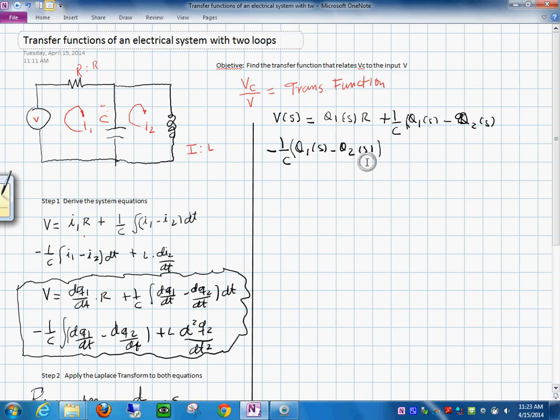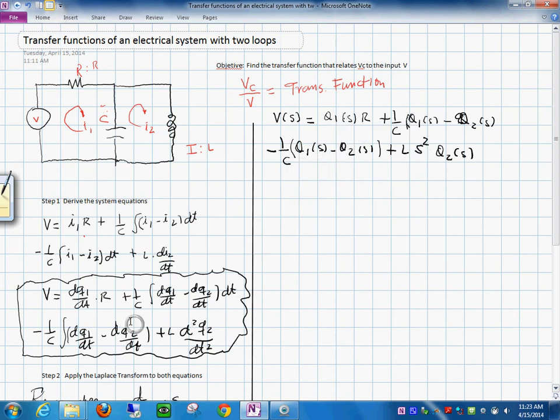No, that's this one. So we have plus L times d times s squared times Q sub 2 of s. These are the two equations on which I need to build my transfer function.